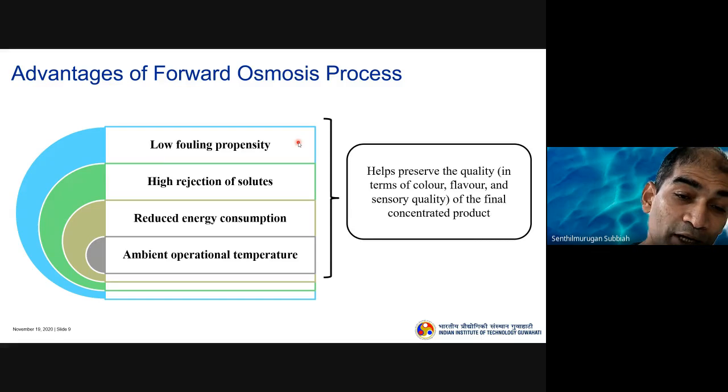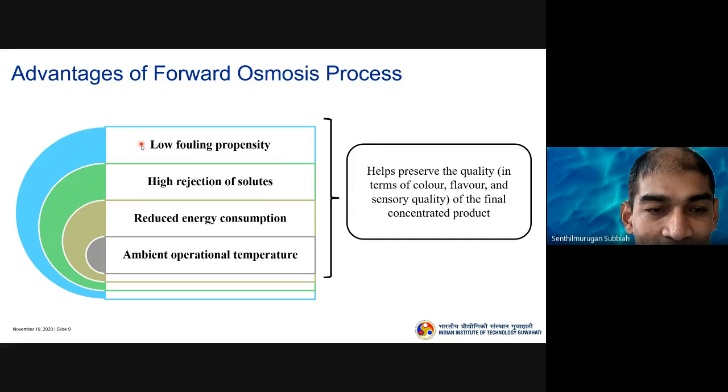So it is impacting much higher than any RO or NF membrane. So this was supposed to be a big claim for forward osmosis, but that is not exactly the answer now. Further research is required to conclude in a better manner.